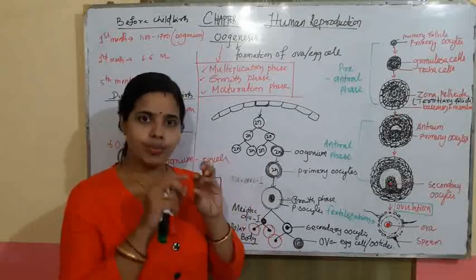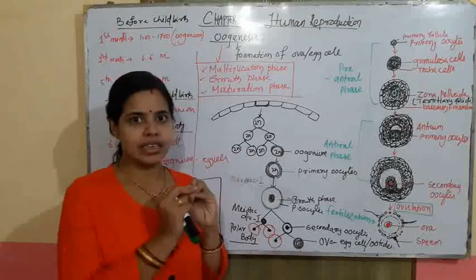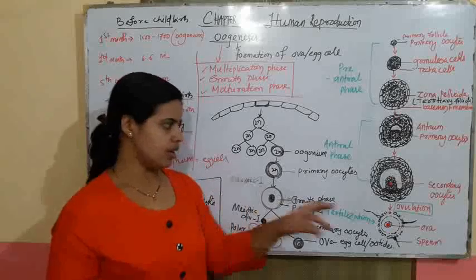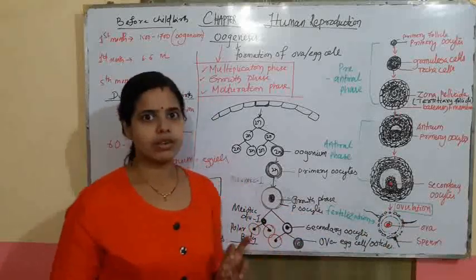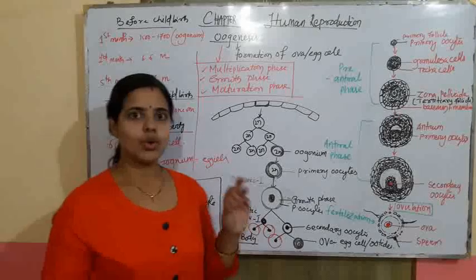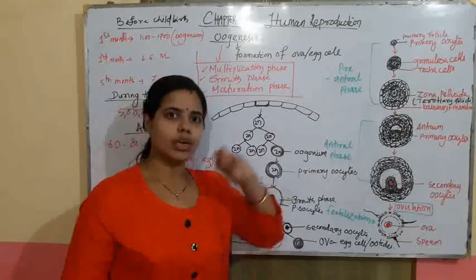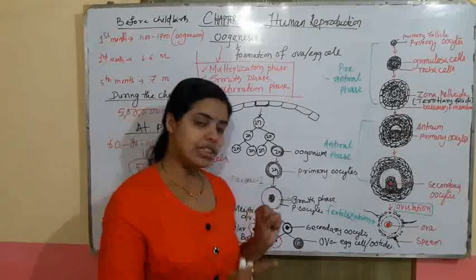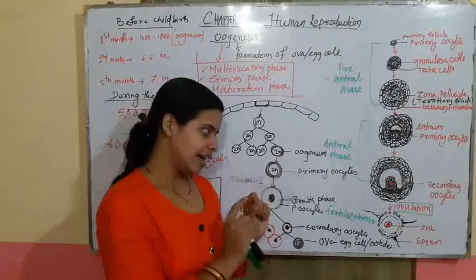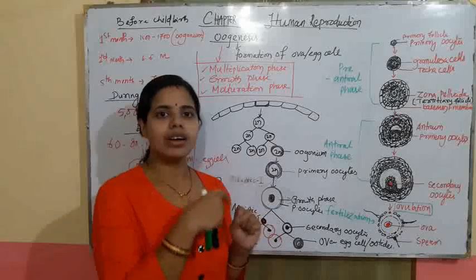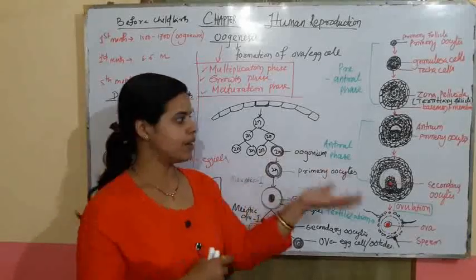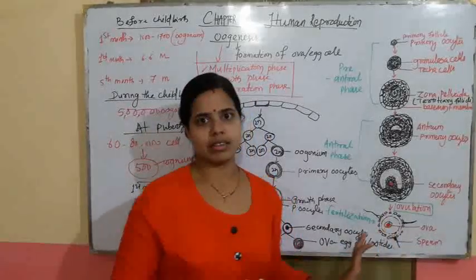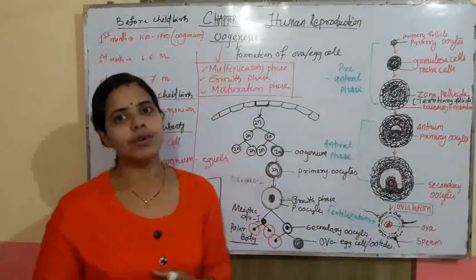So metaphase will be the resting phase, and from that phase it is released in the process called ovulation. Ovulation is the process in which the ova is released from the ovary towards the oviduct into the ampullary region. When sperms enter, at that time the ova undergoes the complete division and converts into a complete egg cell. This is the process of oogenesis.